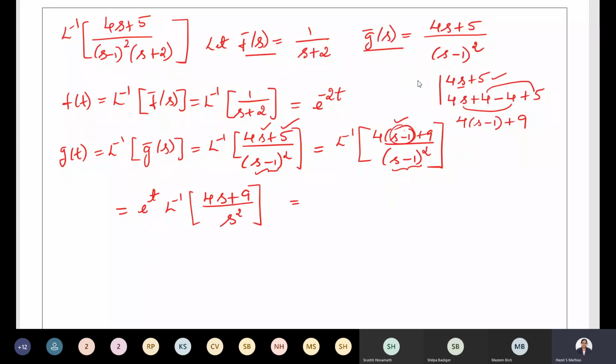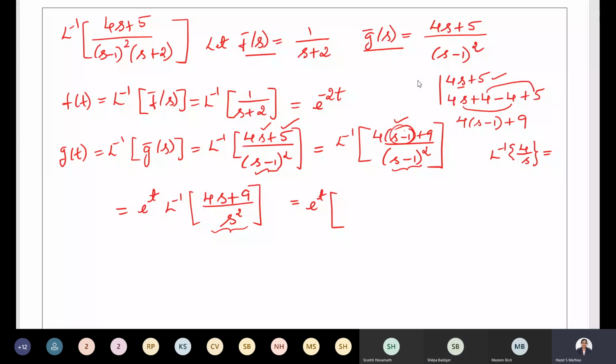Now let's find the inverse Laplace transform of this. This is e power t into, 4s by s square, which you can split into two terms. 4s by s square is 4 by s. What is L inverse of 4 by s? It is 4, very good.